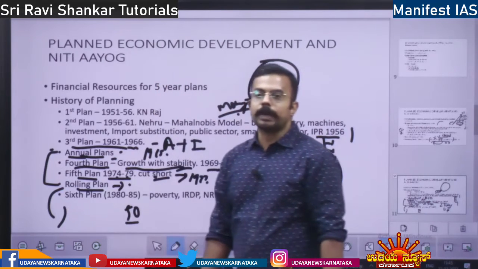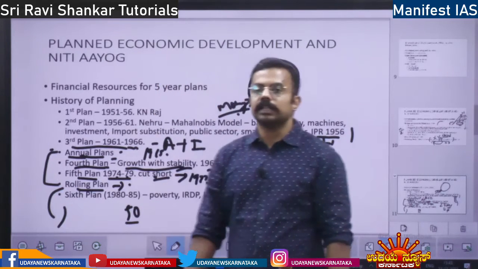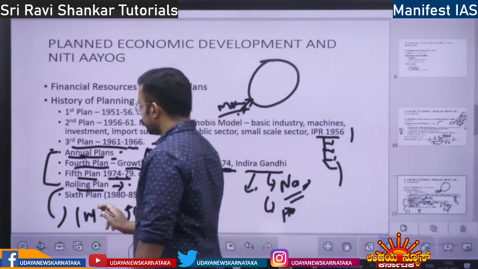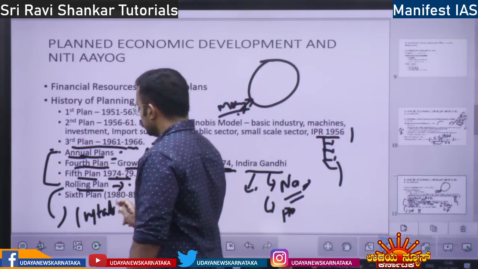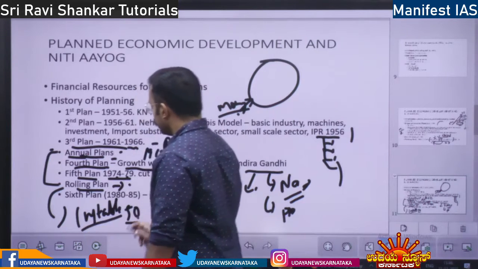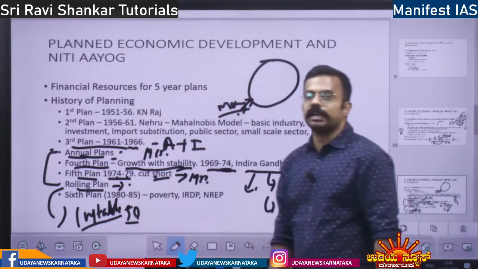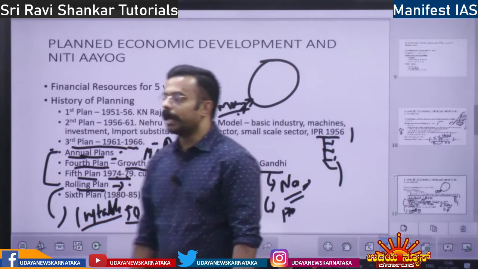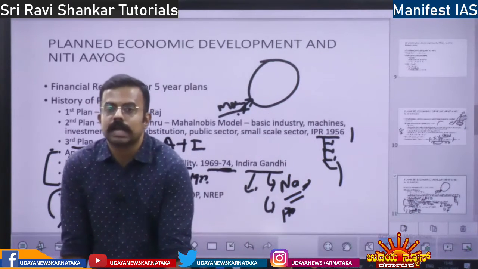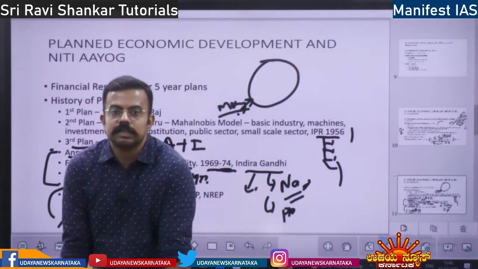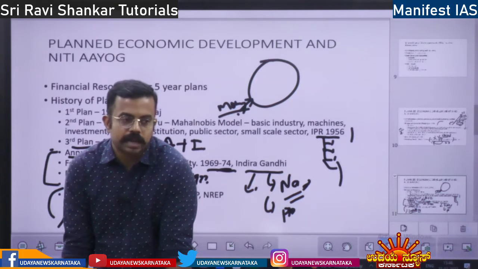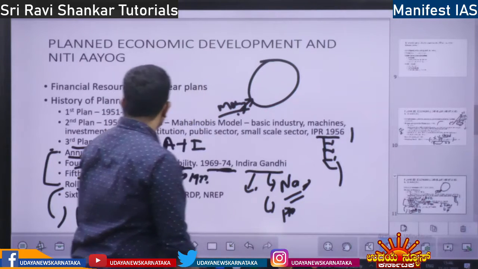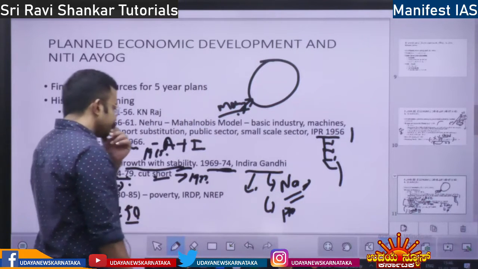Under the Morarji Desai government, there was an unstable coalition government, so policies change frequently. That is why they call it the rolling plan, and this rolling plan concept is given by Gunnar Myrdal.